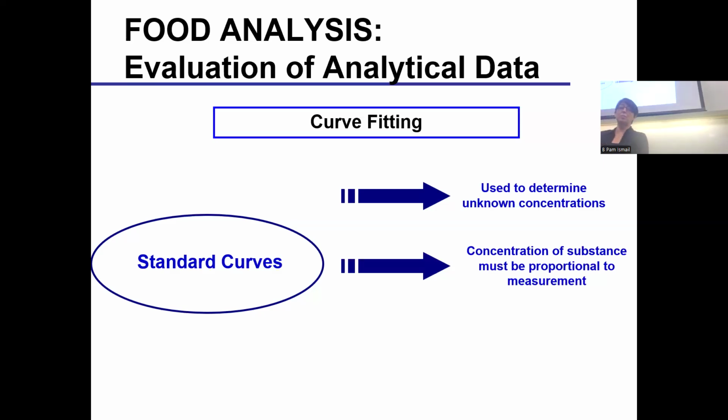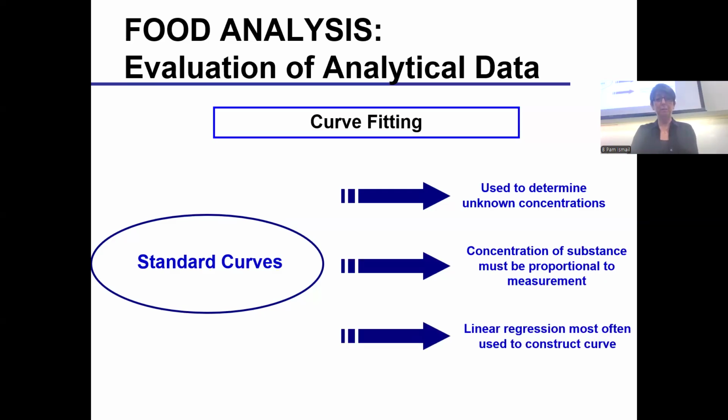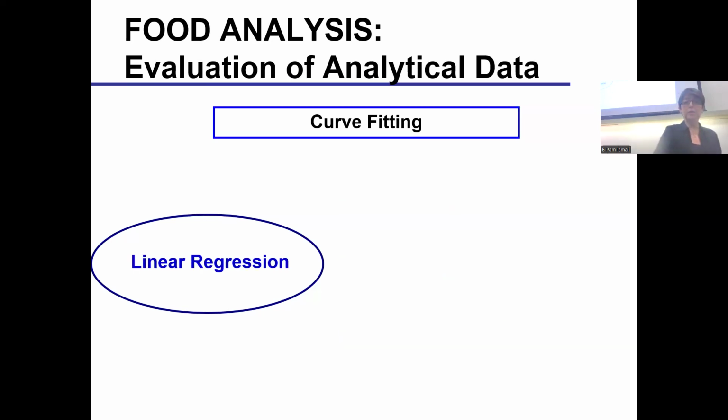We're going to learn about Beer's law later on in the spectroscopy section. So we tend to look for linear regression. That would be the easiest for determining unknown concentrations. So we look at observations that are directly related or proportional to the concentration. So linear regression is what we do.